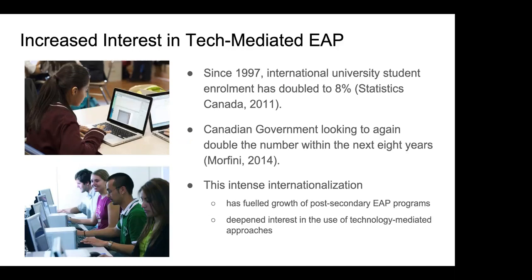And this intense internationalization, with bridging programs developing in many places, is really deepening interest in the use of technology for different pathways for students to complete these bridging programs and IEP programs, intensive English programs. So that is a big part of it.